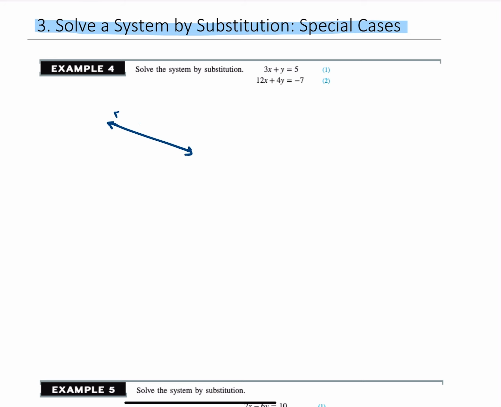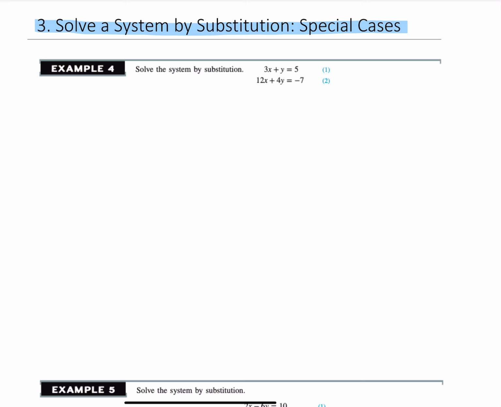Or infinitely many solutions if they end up being the same line. If they're on top of each other, then every point on the line is a solution to the system. So let's take a look at these two and see how these might show up without looking at the graphs.